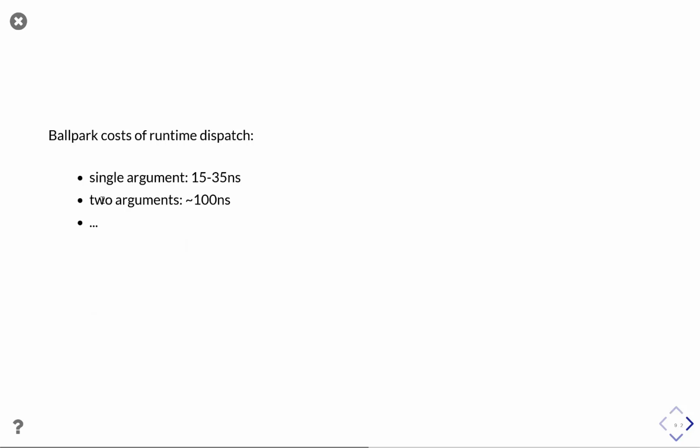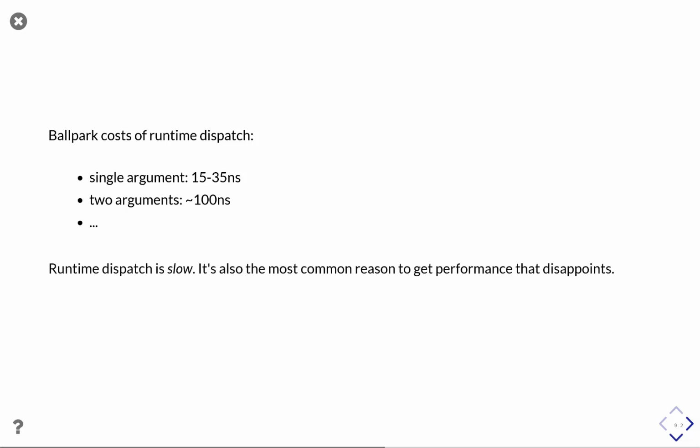It can get slower if you have more complicated calls with more arguments, et cetera. It can easily get to 100 nanoseconds or so in a complicated case, or even higher than that. It's worth keeping these numbers in mind as you work on code, because it helps you prioritize where to put your effort.